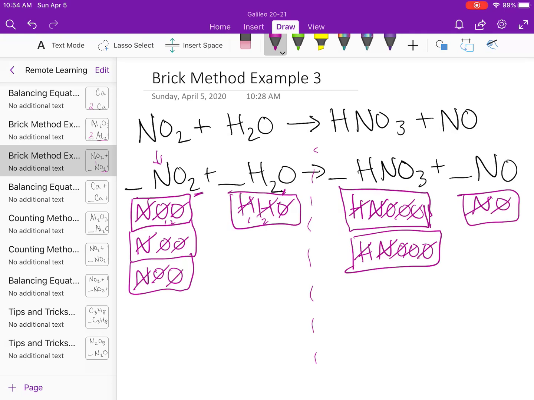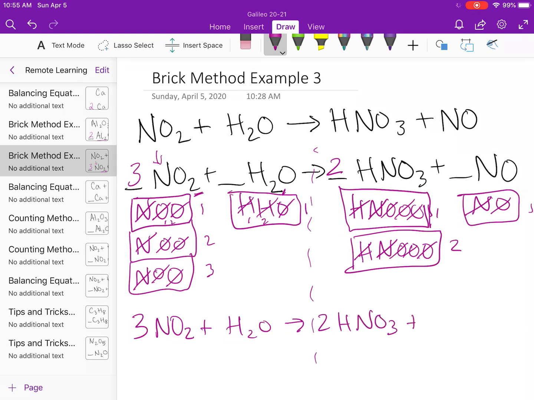Nope, we're done. So 1, 2, 3, that's 3 of these bricks, 1, but we don't have to write ones, 2, and 1, which we don't have to write. So 3NO2 plus H2O makes 2HNO3 plus NO.